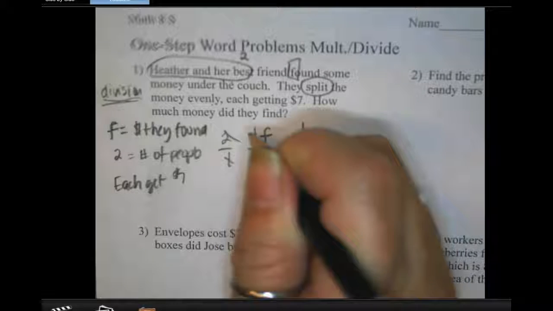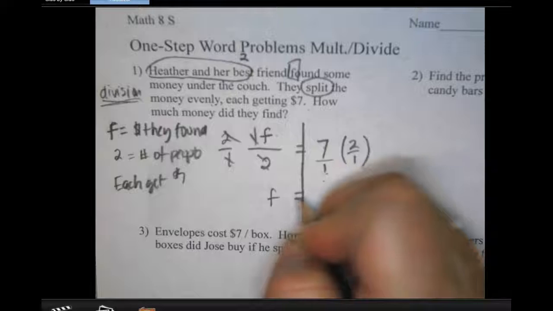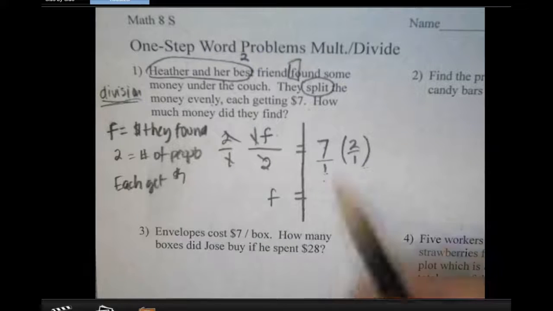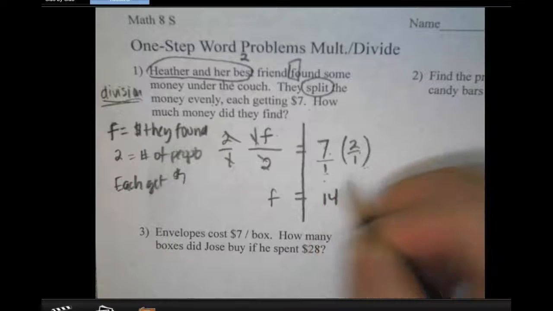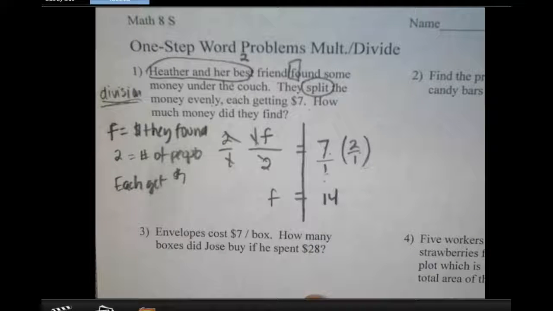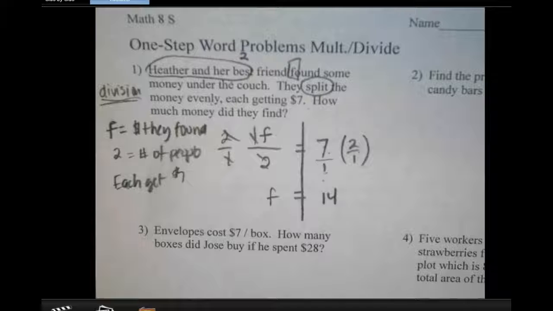These guys are going to cancel. It's going to give me F all by itself. And what is 7 times 2? Andrew? 14. So how much money did they find? $14 under the couch. That's like 2 Subway sandwiches, right? On a good day. When you're not super duper hungry, right?